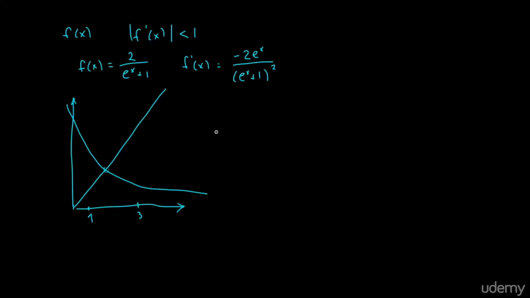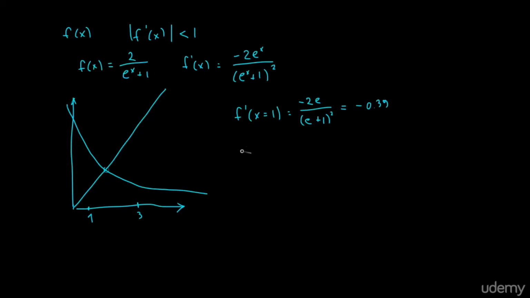Let's take a look at the first derivative at x equals 1 and at x equals 3. The first derivative at x equal to 1 is minus 2e divided by e plus 1 squared, which is about minus 0.39. That's certainly less than 1 in magnitude.